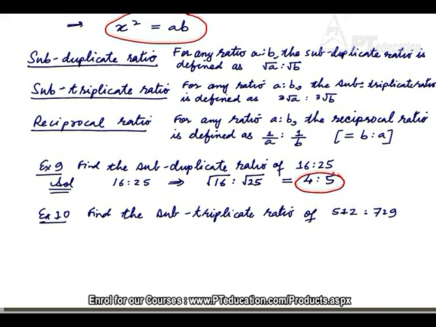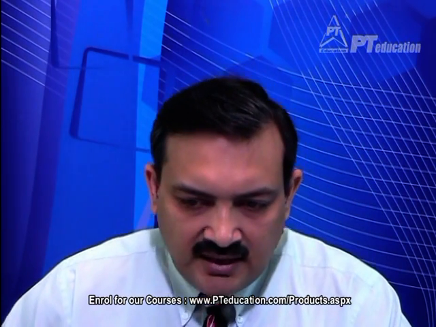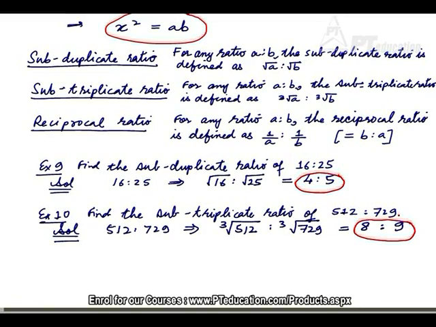Solution. Example 9. 16 is to 25, the subduplicate ratio will be square root of 16 is to square root of 25, which will be 4 is to 5, as I have marked in red. For example 10, 512 is to 729. The subtriplicate ratio will be cube root of 512 is to cube root of 729.